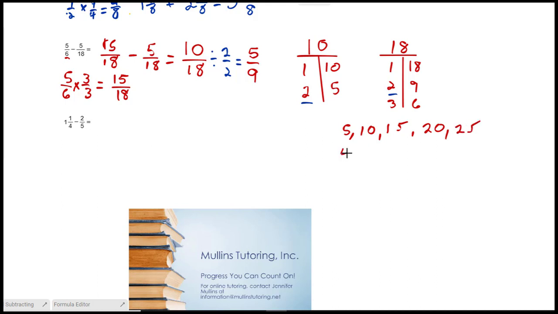For 4, we have 4, 8, 12, 16, 20, and 24. So we see that 20 is the least common multiple for 4 and 5.